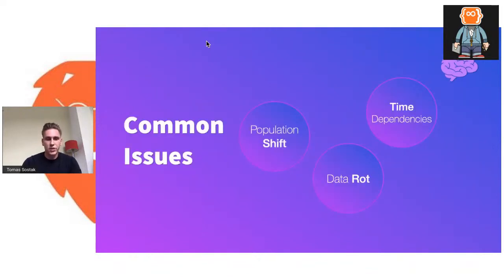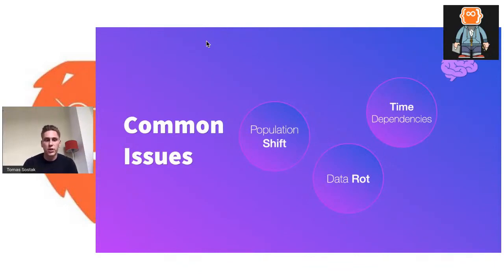Some common issues that can be seen when working with data are population shift, data rot, and time dependencies. Population shift is when features are changing over time, for example feature distributions, as we'll also see later. Also data rot, when a model is trained on one data but it's not relevant anymore for the predictions.